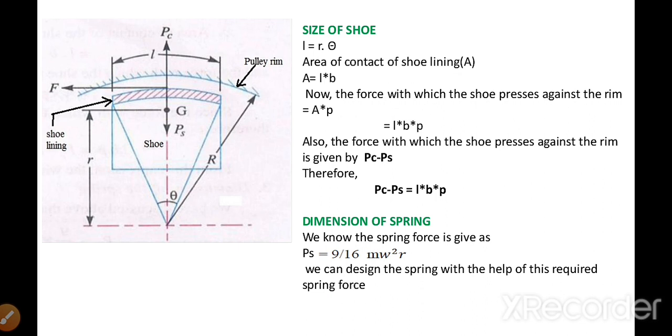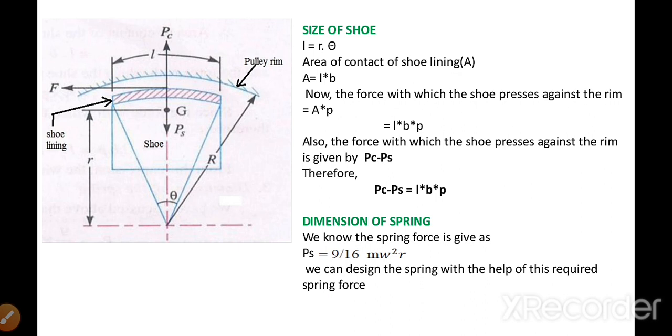Generally this theta is taken as pi by 3 or 60 degrees, so it will be r pi by 3. Now for the area of the shoe lining, we have assumed small b is the width of the shoe, which is in the plane perpendicular to the plane of this paper. So area will be L into b.